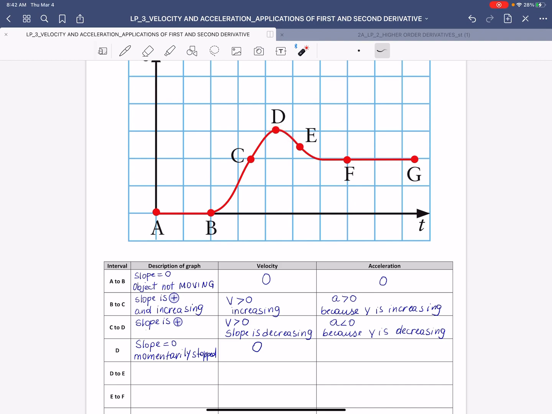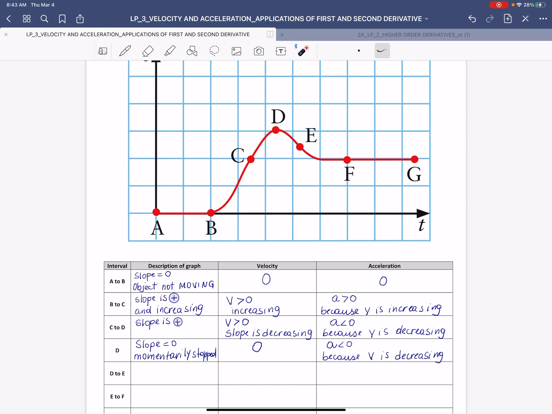So we'll say that at the point D, the acceleration will be negative because velocity is decreasing. So it is still following the decreasing pattern that has started in the previous interval.